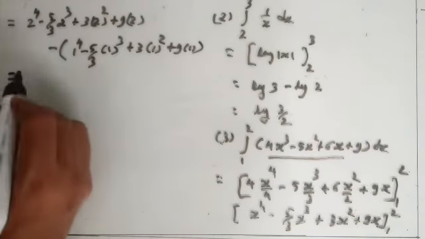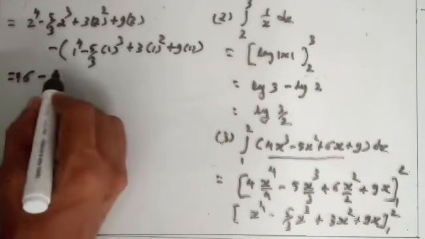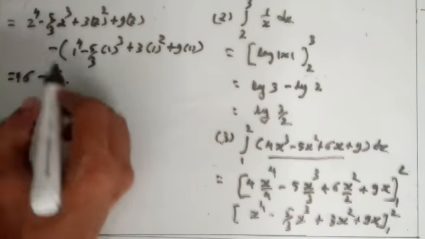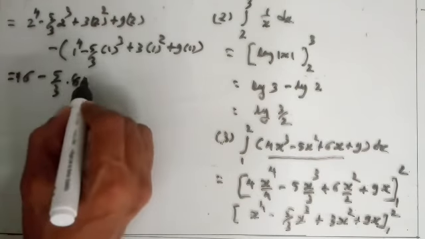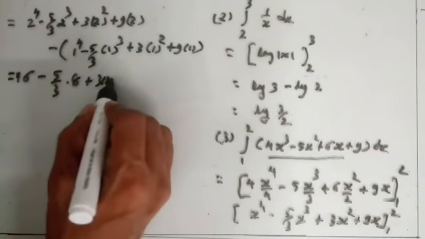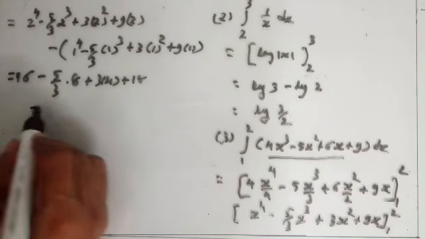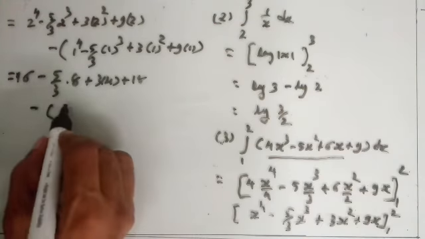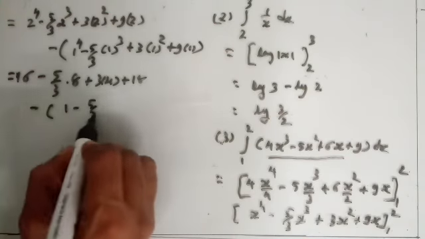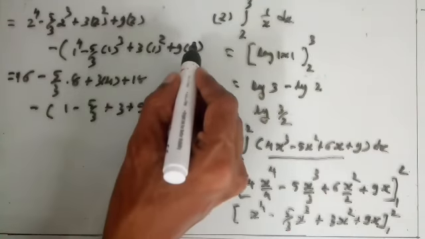Now simplify this. 2 raised to 4 becomes 16, minus 5 upon 3 into 2 raised to 3 which is 8, plus 2 square is 4 into 3, plus 9 into 2 that is 18, minus in brackets 1 minus 5 upon 3 plus 3 plus 9. Clear?